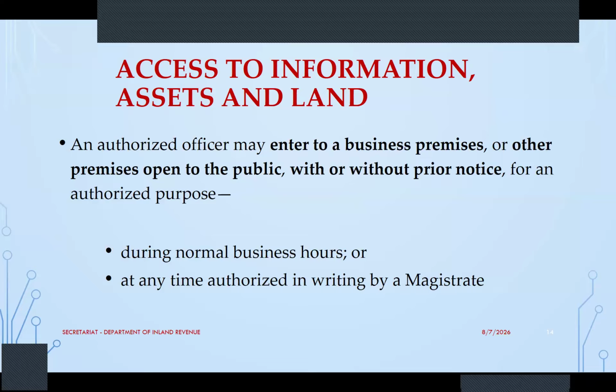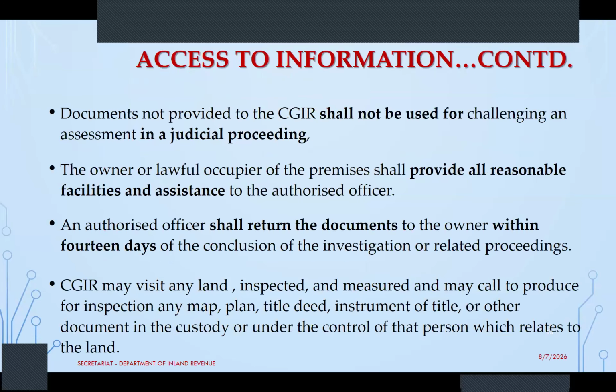So we can inspect those places. We can go to their business places, office places, factories, any place we can visit, with or without informing them. It doesn't matter. If we have requested some details, they should submit them to the department.